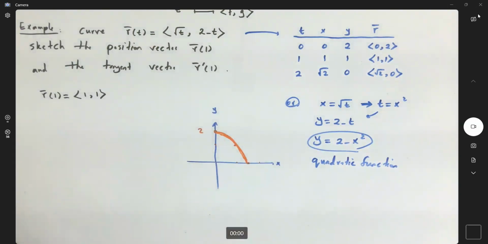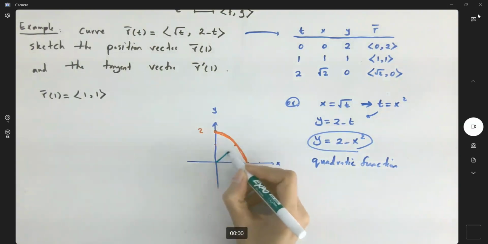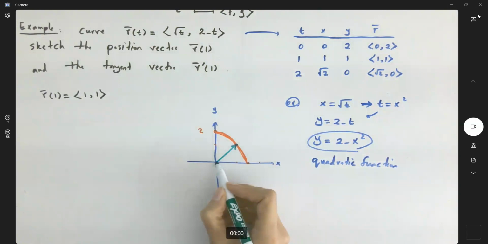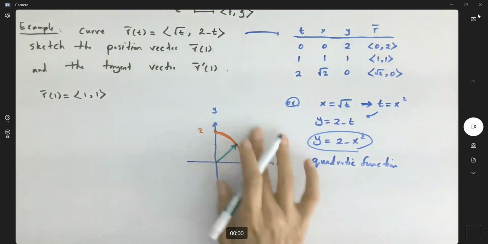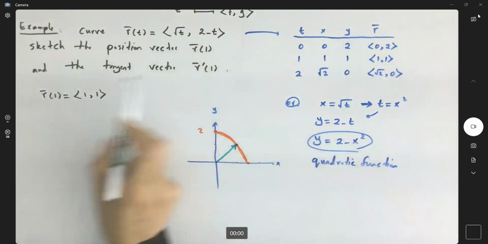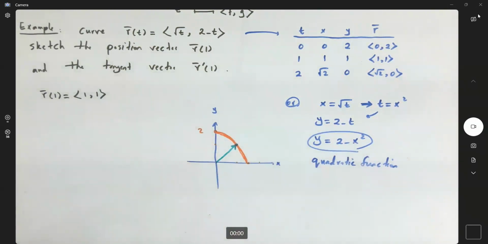And remember that R of 1, the position vector, is at this point. You have your vector connecting the origin to 1 and 1. Now, the question is, what if you want to find the tangent vector, guys? R prime of 1.